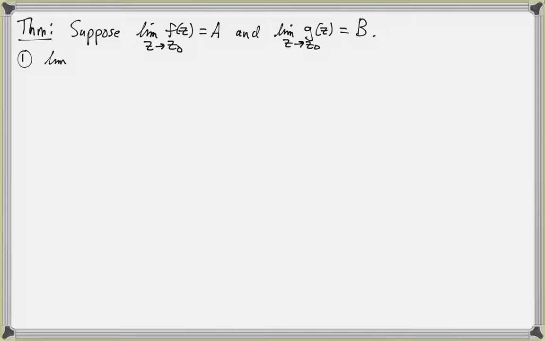Then we see that the limit as z approaches z0 of f of z plus g of z will equal a plus b, and likewise the limit of f of z minus g of z will equal a minus b. So we see that the limit of a sum or difference is the sum of the limits, or the difference of the limits.